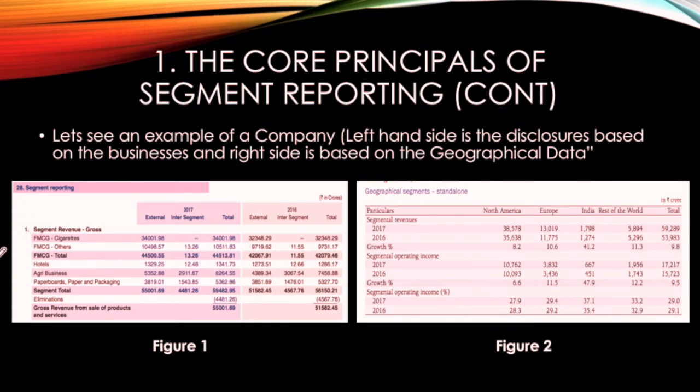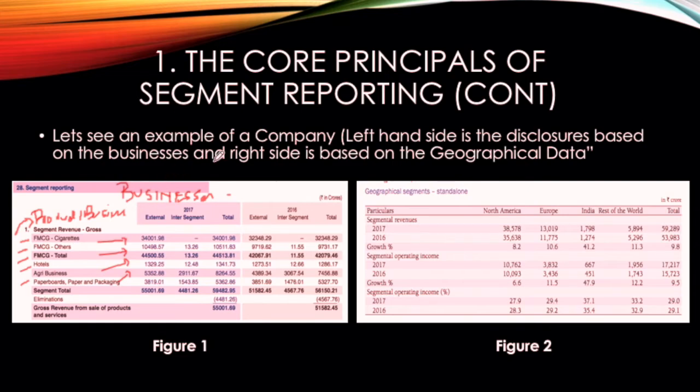The entity's revenue is coming from these four or five major channels, which I can call major product lines or businesses. It is basically a disclosure based on the business. I'm not saying it's a business segment. I'm just saying it provides disclosure in respect of the businesses in which the entity is operating.